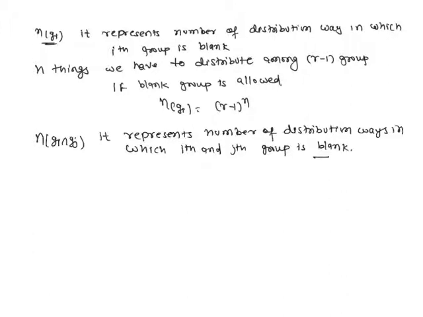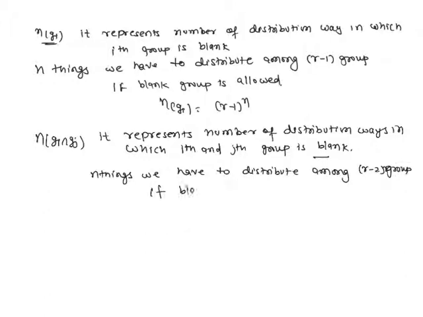That means n things we have to distribute among r−2 groups if blank groups are allowed.